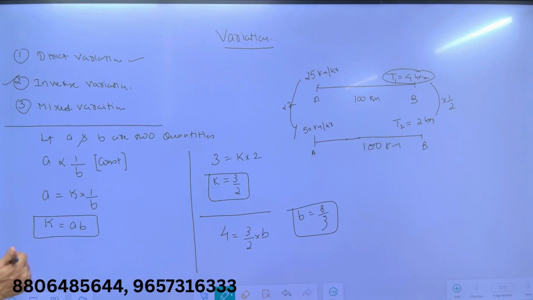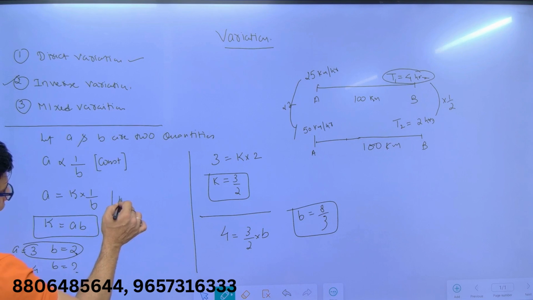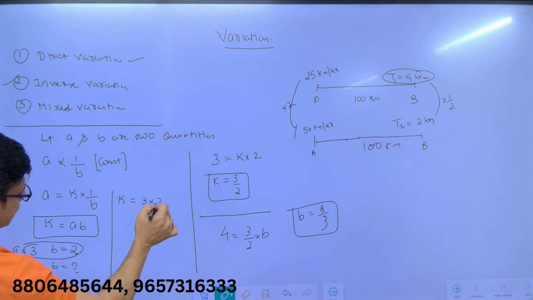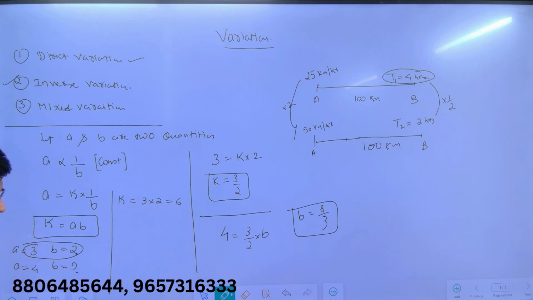In the same way, if I have to solve the same question, when A is 3, B is 2, when A is 4, find B. So this first set of values will be given to you for finding the value of K. So put A equal to 3 and B equal to 2. You will get K equal to 3 into 2, which is equal to what? 6.